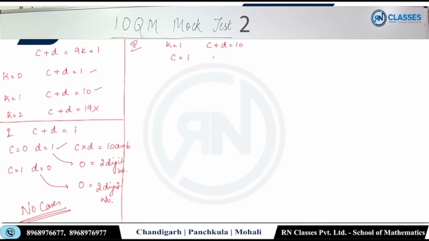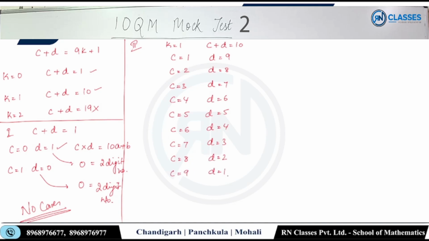C कैन बी 1, D कैन बी 9, C कैन बी 2, D कैन बी 8, C कैन बी 3, D कैन बी 7, C कैन बी 4, D कैन बी 6, C कैन बी 5, D कैन बी 5, C कैन बी 6, D कैन बी 4, C कैन बी 7, D कैन बी 3, C is 8, D is 2 and C is 9, D is 1.